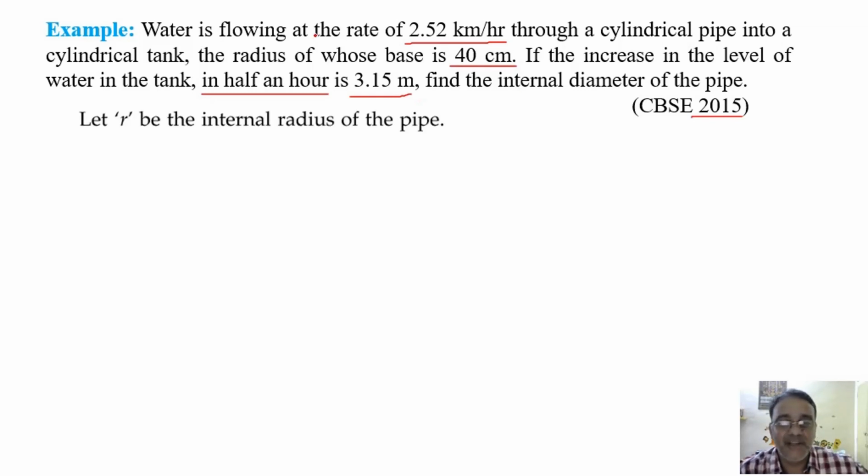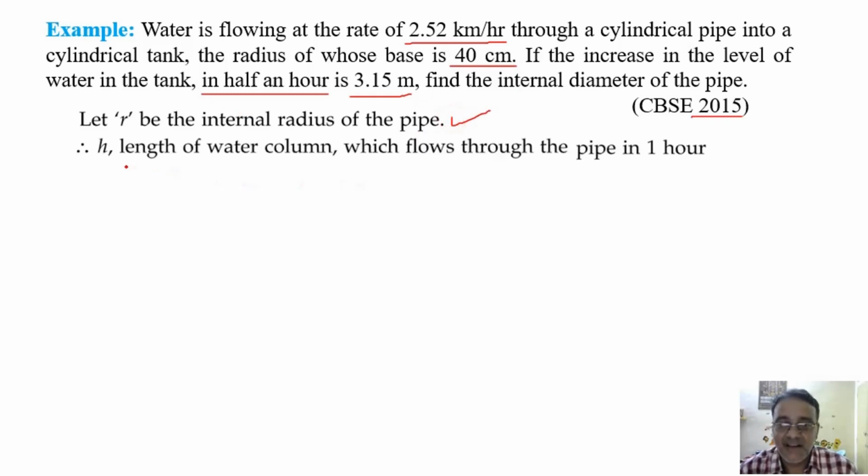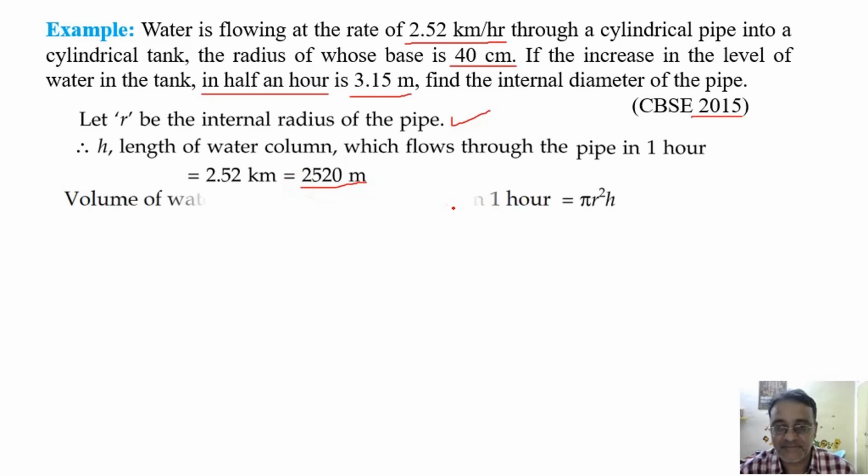So let r be the internal radius of the pipe, and the length of water column which flows through the pipe in 1 hour is given as 2.52 kilometer, that is 2520 meter. And the volume of water flowing through the pipe in 1 hour will be equal to pi r square h.